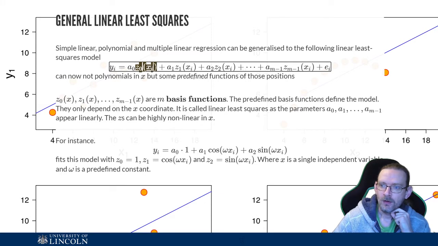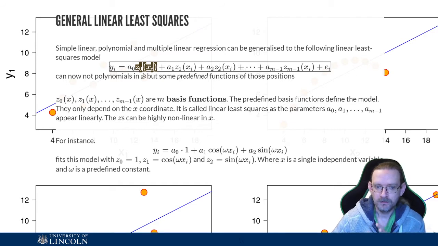So in our linear model, our first function here was just a 1, or the independent value to the power of 0. So no matter where we were along the axis, we added in a constant. Then we had a second function, and for the linear model, we had a1, a parameter we determined, and then z1, so some function of x, and in this case, it was just x itself. And we stopped at that point for the linear model, and then we said there could be some amount of noise at that data point.